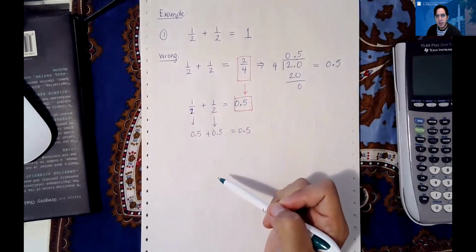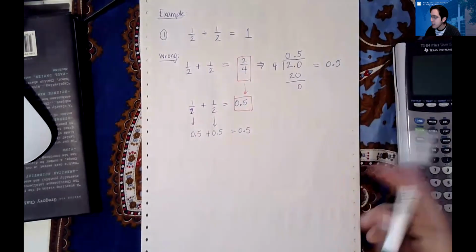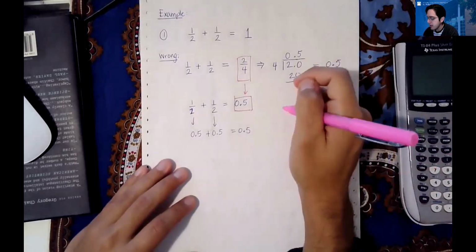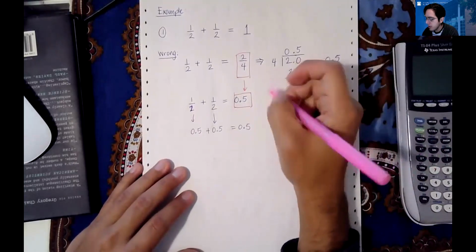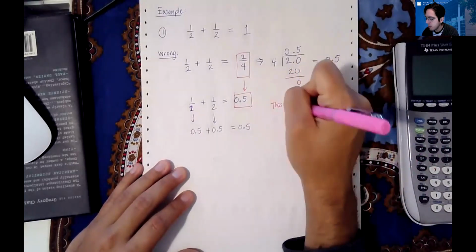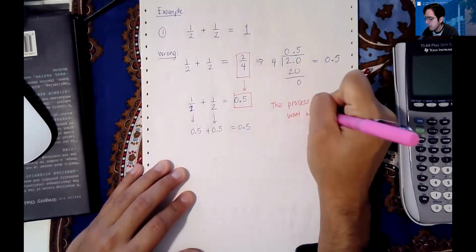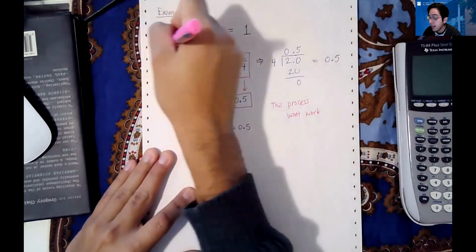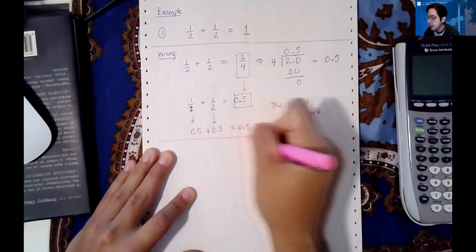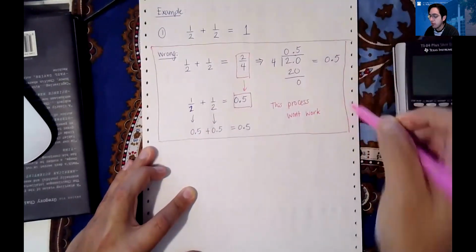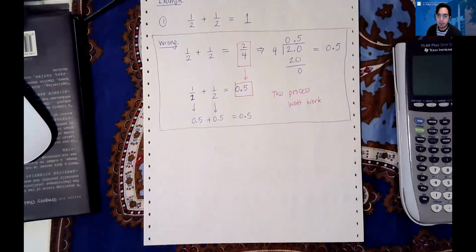No. So that's the reason why we can't just willy-nilly add the numerators and add the denominators, because the math doesn't work out. So this process won't work here. You need to make sure, and I know it's super tempting for most students to just add straight across when we're adding fractions, but we don't want to do that.